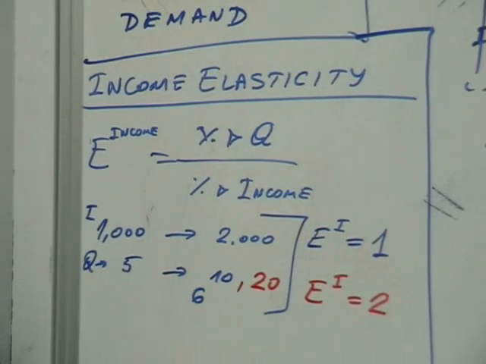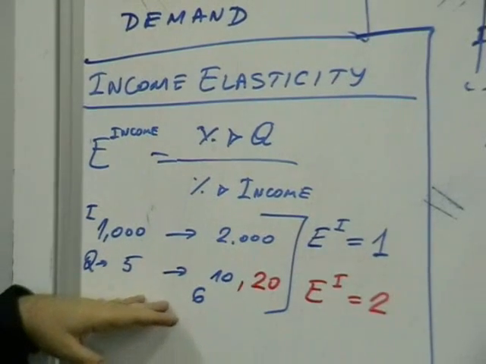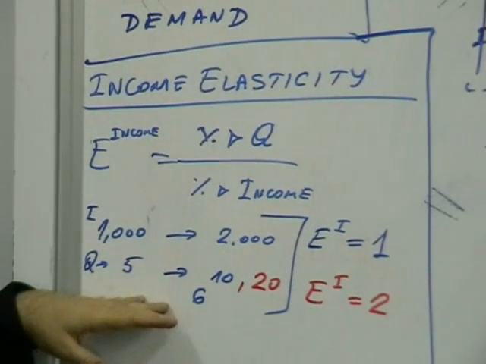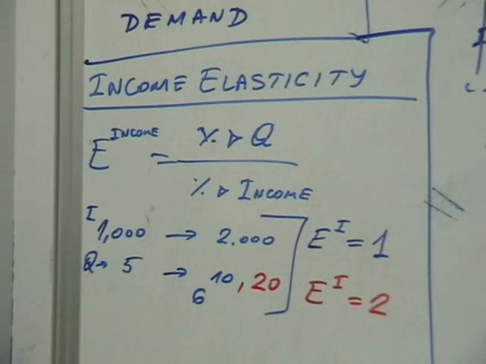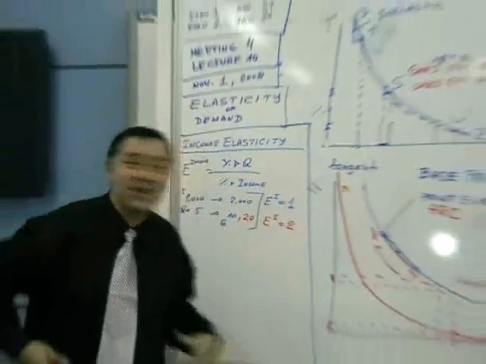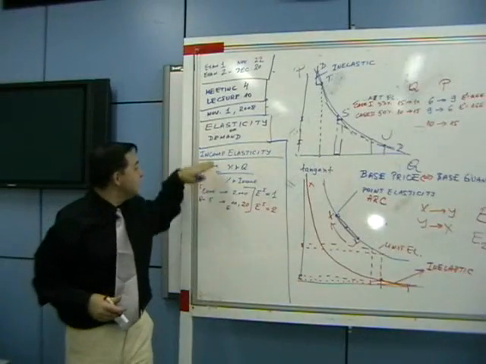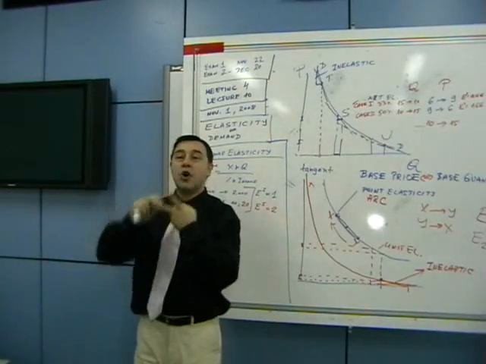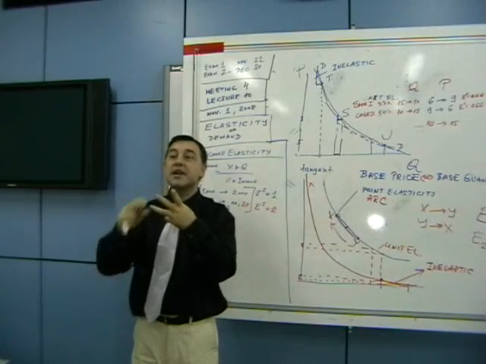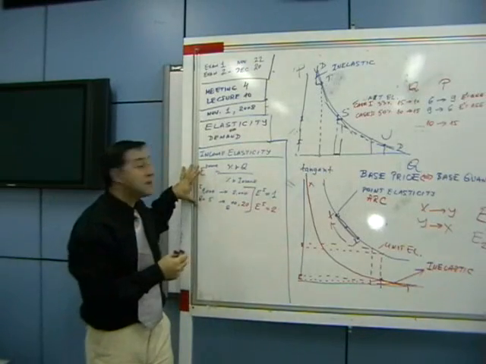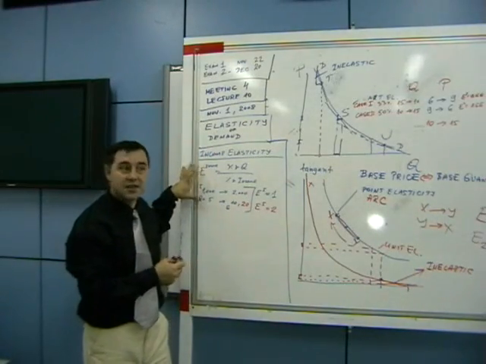So normally, if people's income doubles, usually they raise their expenditures on food maybe 10, maybe 20%. Of course, they can't just eat double, because it's going to result in waistline problems. So this is the connection between normal goods, luxuries, and inferior goods, and income elasticity.